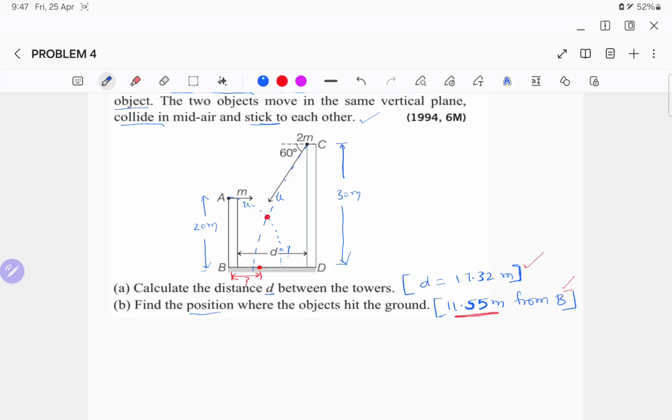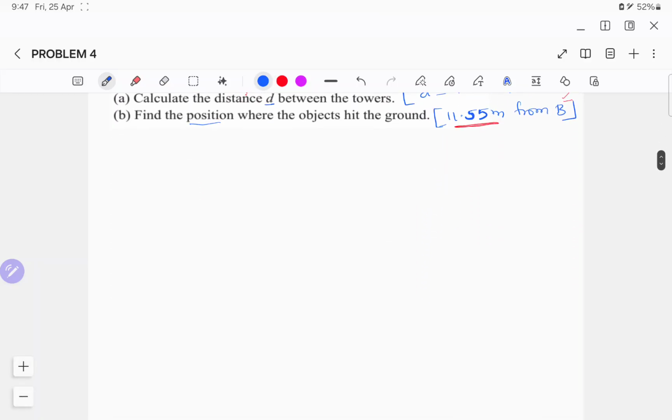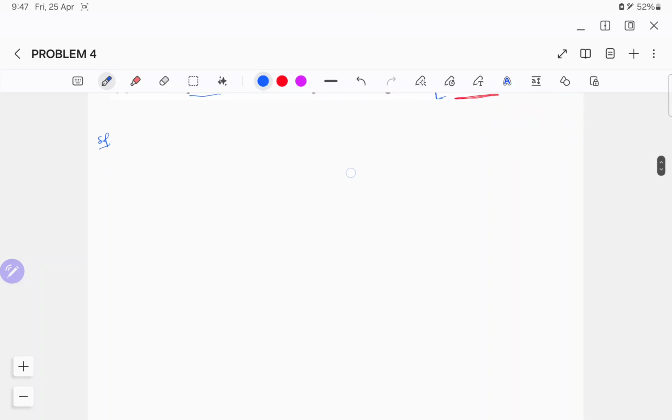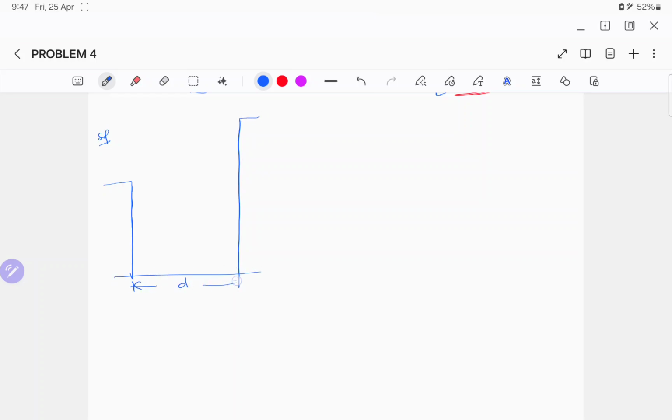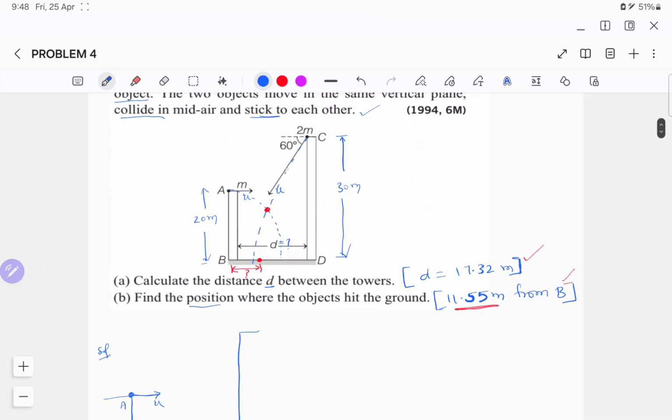So how are we going to handle this problem? Let me make a self-analysis in this way. See, if this is a tower and one more tower, the gap between them is unknown. First we need to find this itself. We have a projectile whose initial velocity vector is exactly horizontal, and the other has the same u at a 60-degree angle with the horizontal, so it will be u cos 60 and u sin 60.